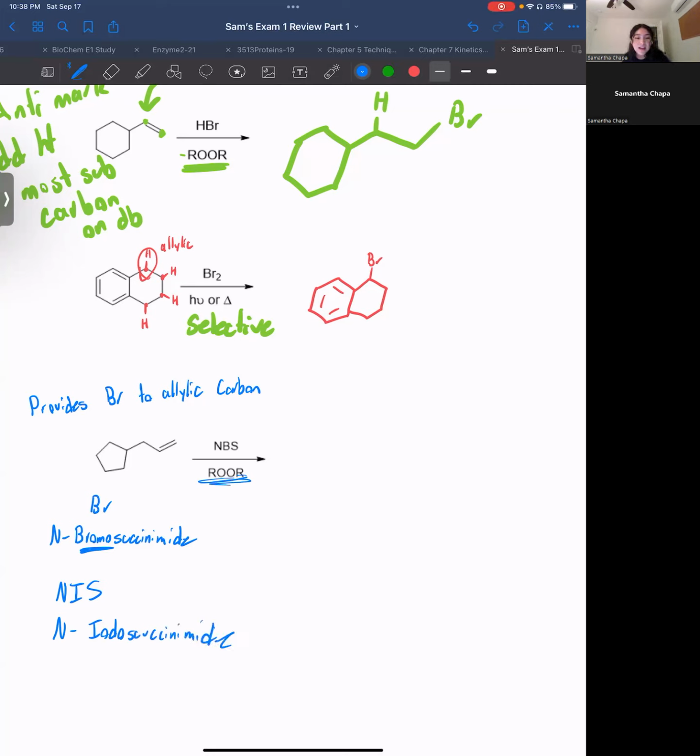So if they try to trick you with that on the test, just know that these sound very familiar. They're just going to add different things to the allylic carbon. So this one's going to add iodine to the allylic carbon. And one thing I know that a lot of people get confused by is, do we take off this double bond or don't we? So keep that double bond and add your bromine to the allylic position.